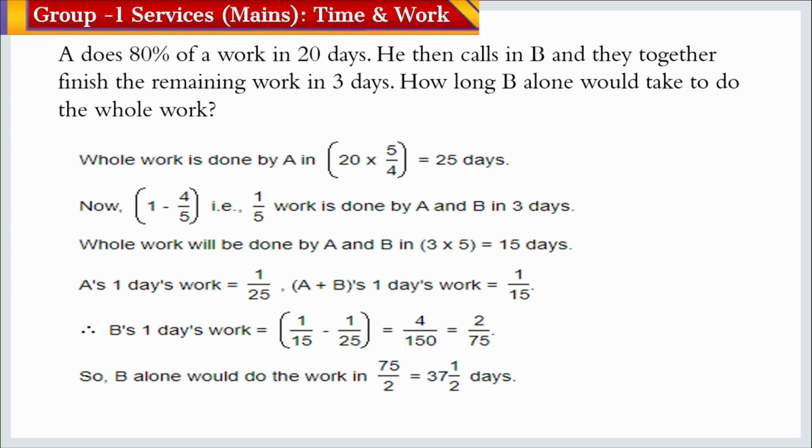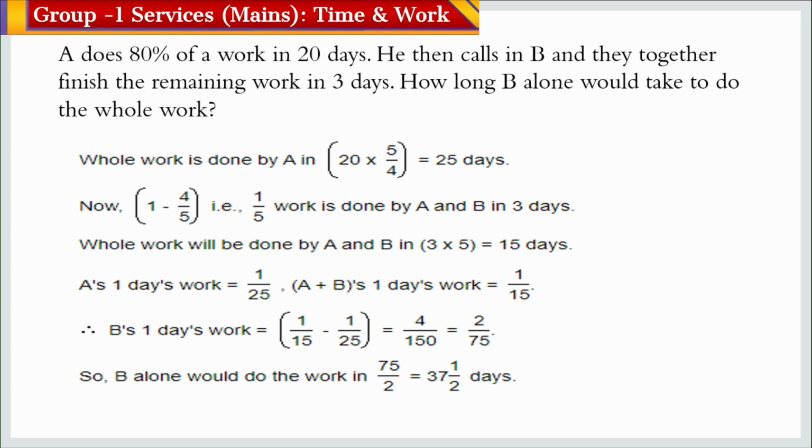A does 80% of work in 20 days. He then calls B and they together finish the remaining work in 3 days. How long will B alone take to do the whole work? A can complete the work in some days. 80% of the work is done in 20 days, means 20% of work remains.